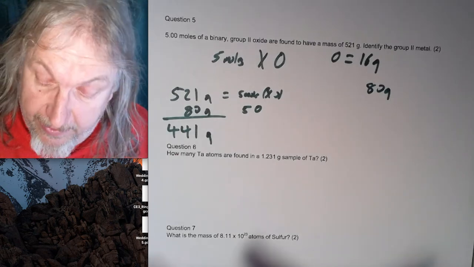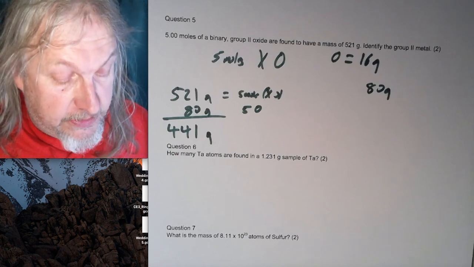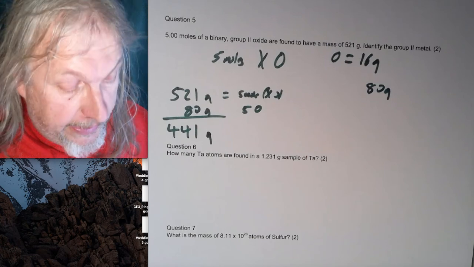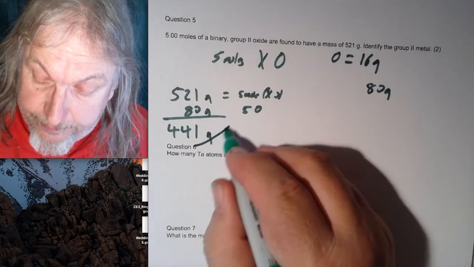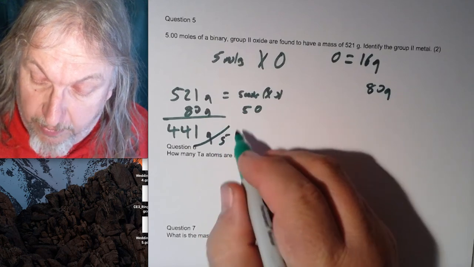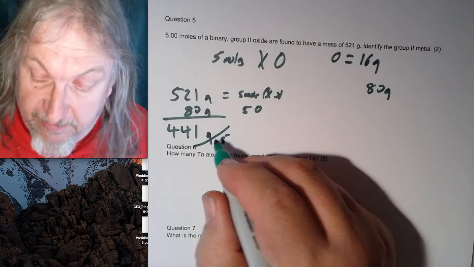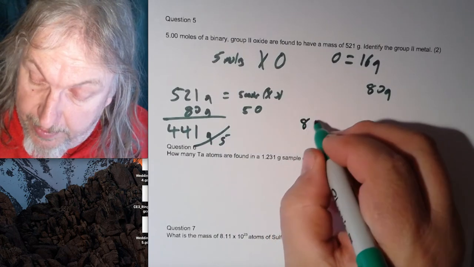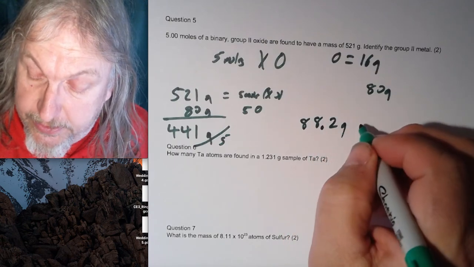So if I divide 441 by 5, that's going to give me 88.2 grams. Why did I do that? Because there's 5 moles of metal there. There's 5 moles of oxygen, 5 moles of metal. So I come up with an atomic mass of 88.2 grams.